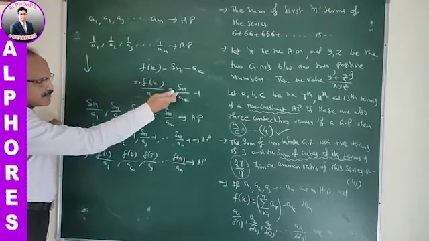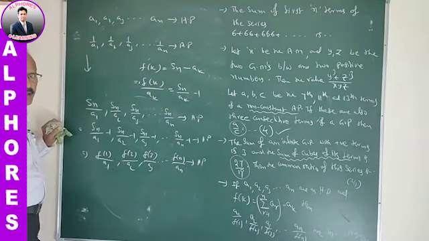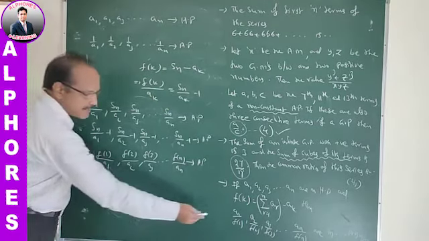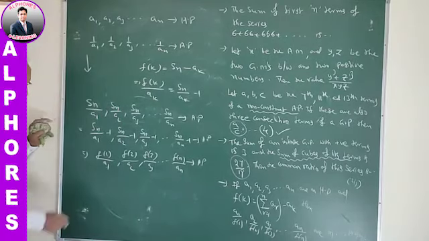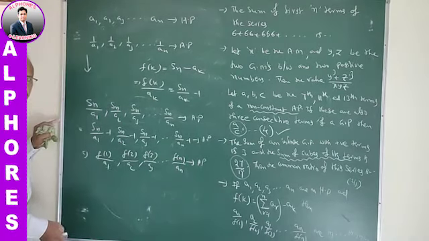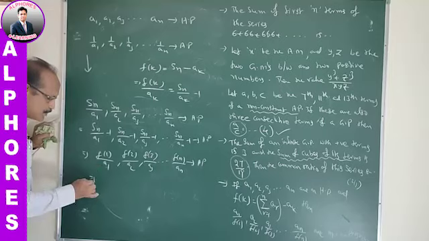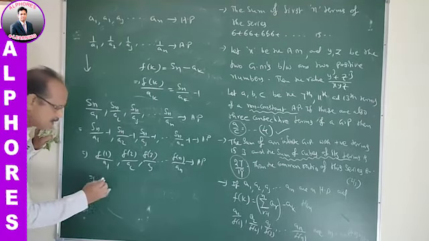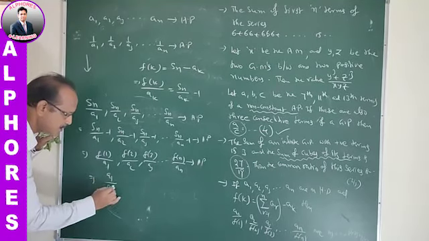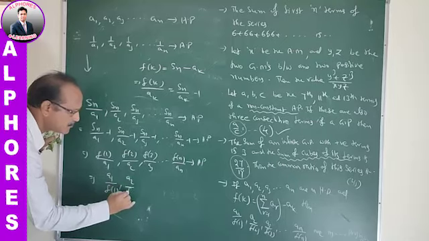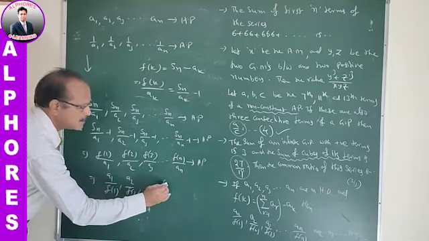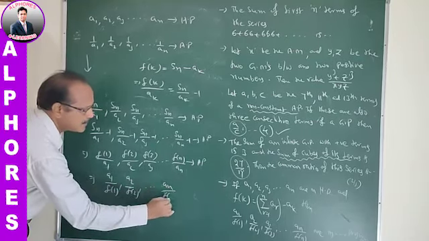No problem, right? I am using this now, but we require a1 by f of 1 terms. So if you take the reciprocal of each term, the resulting series is a1 by f of 1, a2 by f of 2, and so on, an by f of n.